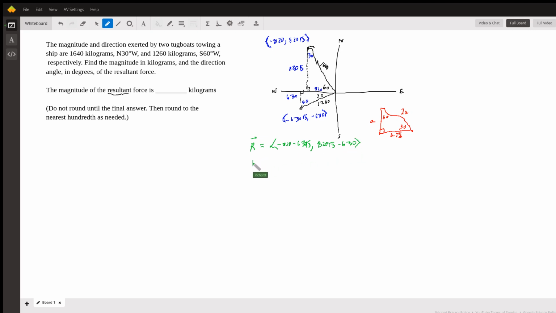Okay. So for the resultant vector, we'll convert everything to decimals. So 630 times the square root of 3, and we'll add that to 820.